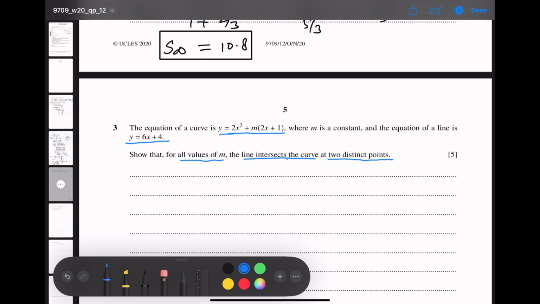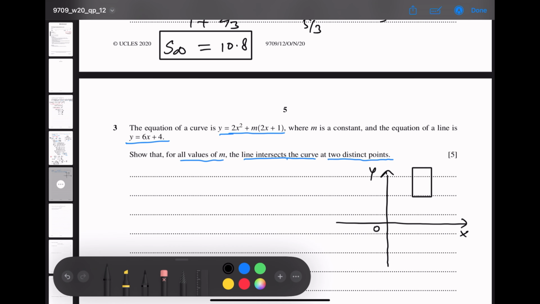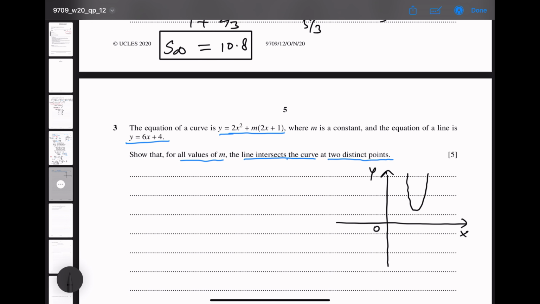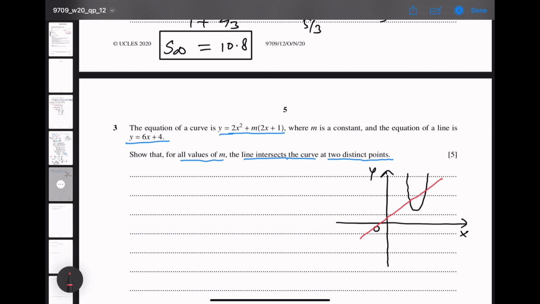Look at this diagram. This is a curve, a quadratic curve, and this is the line. Clearly, the line intersects the curve at two distinct points.